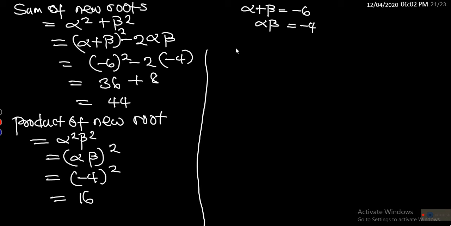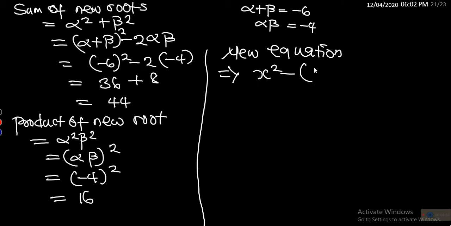Now we can formulate the new equation. Use the formula: the new equation will be x squared minus the sum of the new roots, alpha squared plus beta squared, times x, plus the product of the new roots, alpha squared beta squared, equals 0.